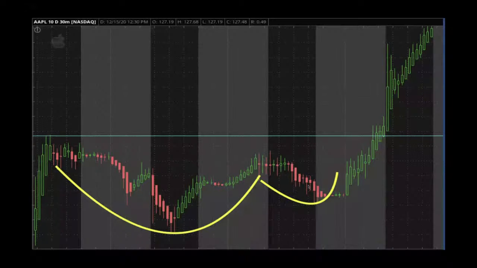You form a new low, which is going to be a higher low, which is going to confirm the reversal here. The new uptrend is going to continue. And once you break resistance, your pattern is confirmed, and you can go long, or in this case, calls.